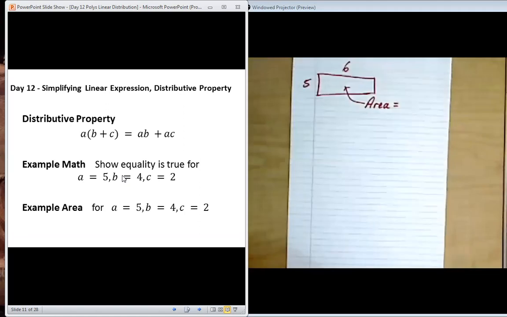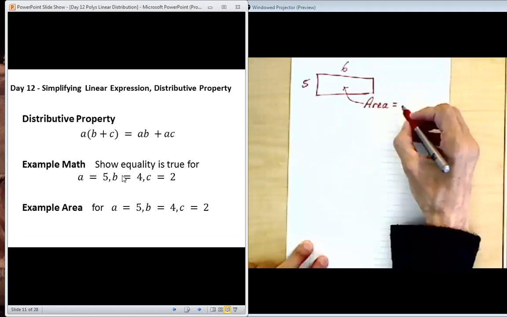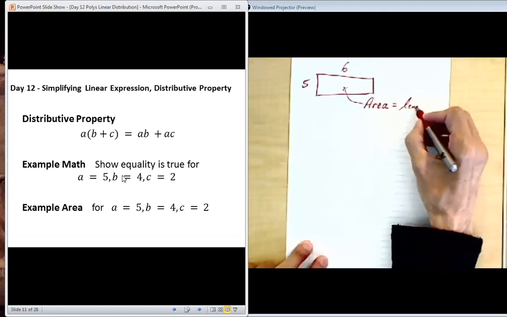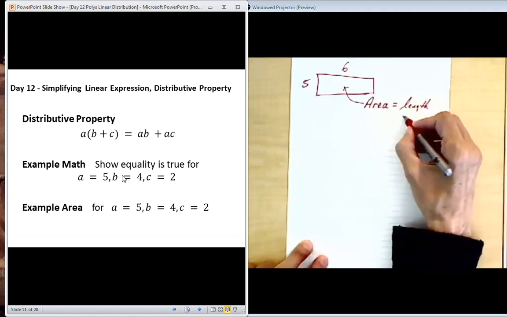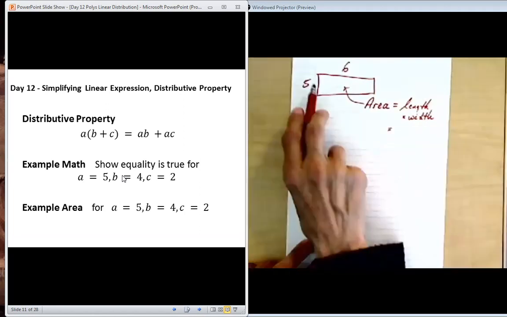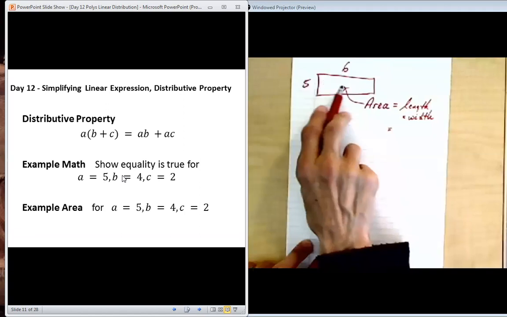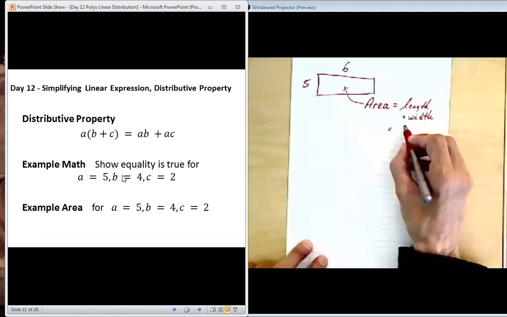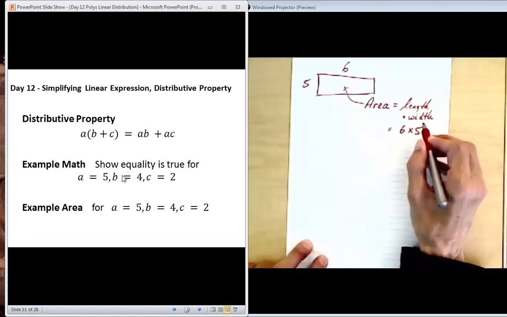How do you find the area of a rectangle? Length times width. So the length is 6 and the width is 5, so 6 times 5, right?